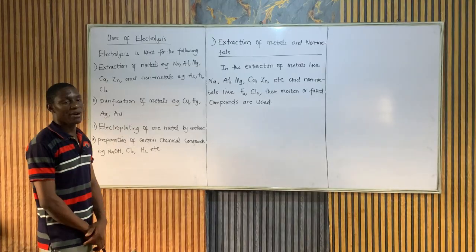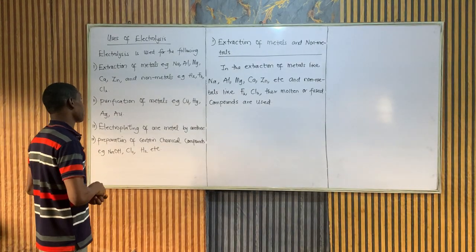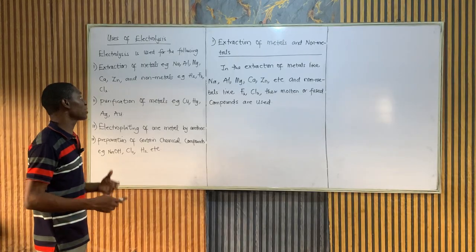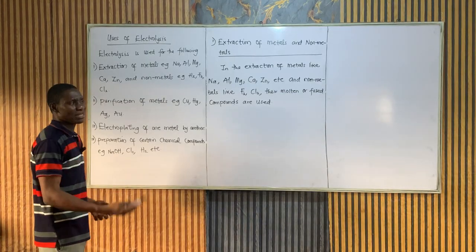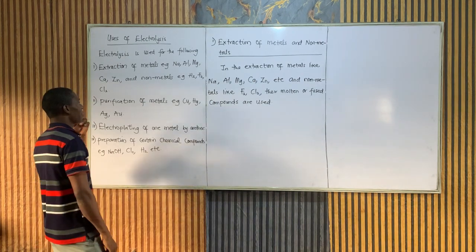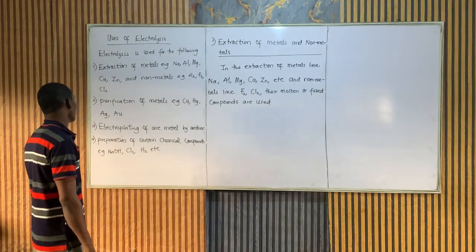Uses of electrolysis. Electrolysis is used for the following. 1. Extraction of metals, e.g. sodium, aluminum, magnesium, calcium, zinc, and non-metals as well, not just metals, such as hydrogen, fluorine, and chlorine gas.